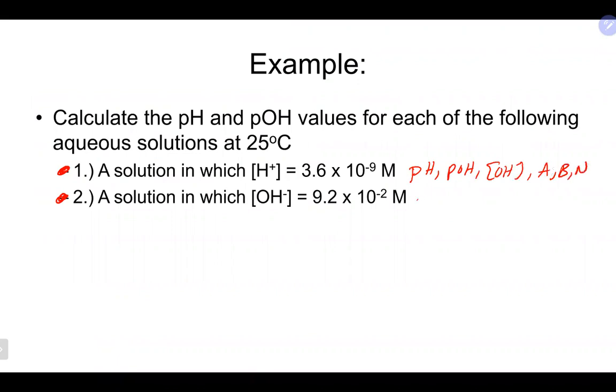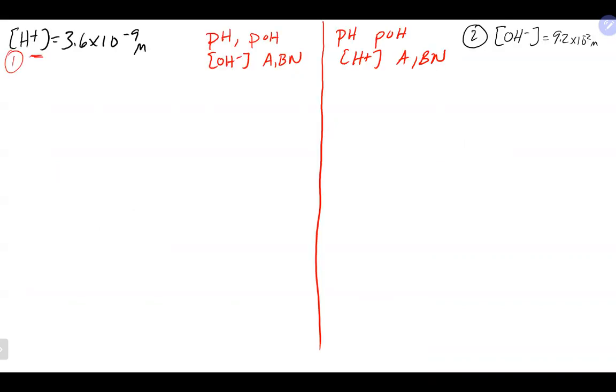And for the second one, let's do the same thing: pH, pOH, H plus, and is it acidic, basic, or neutral? For this one, we could get the pH by just putting it right into the pH equation. If you wanted to, you could also use Kw to get the OH minus concentration like we did before.